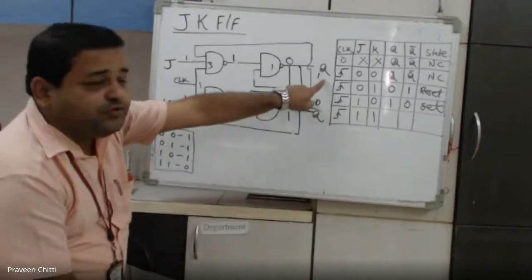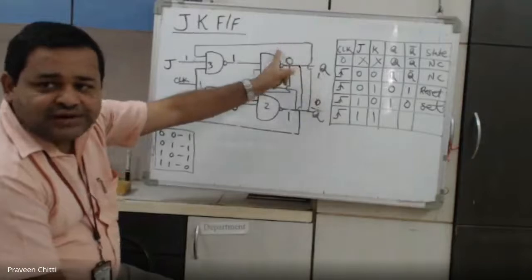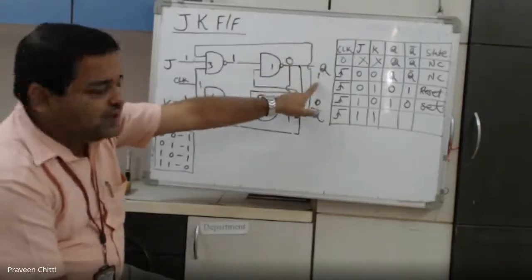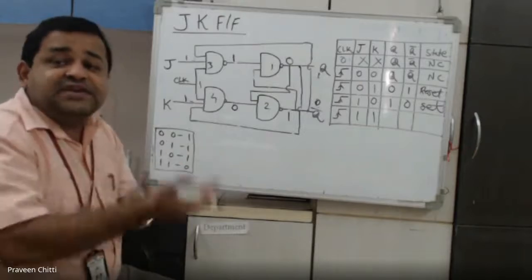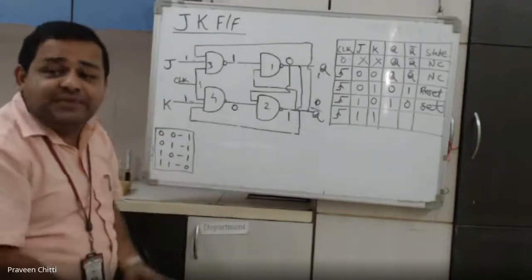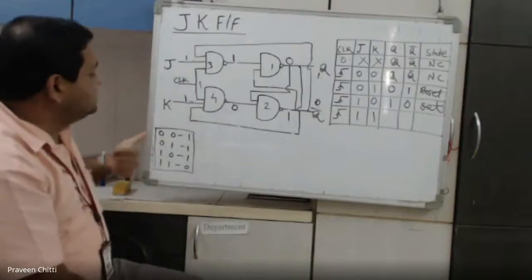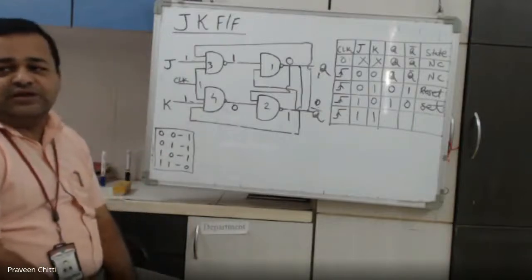So if you assume Q equal to 0, you are getting 1, and if you assume Q equal to 1, you are getting 0. That means you are getting the complement of the previous state when you give J equal to 1, K equal to 1.